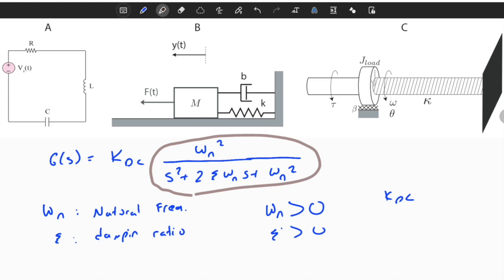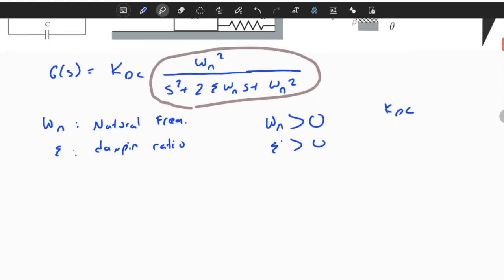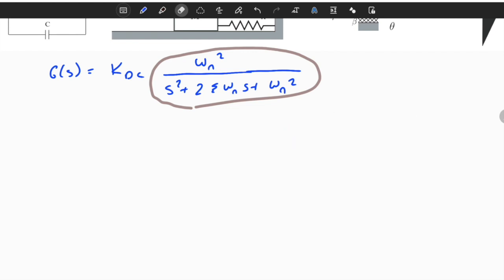So under what conditions do we obtain different behaviors? It is directly related to the structure of this transfer function and characteristic equation. Let's clean this and analyze it. So we have a characteristic equation, so let's compute the poles of the system.